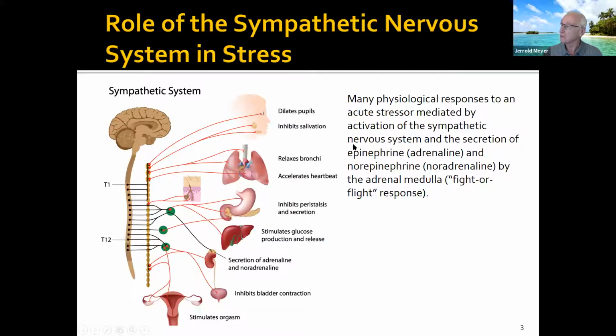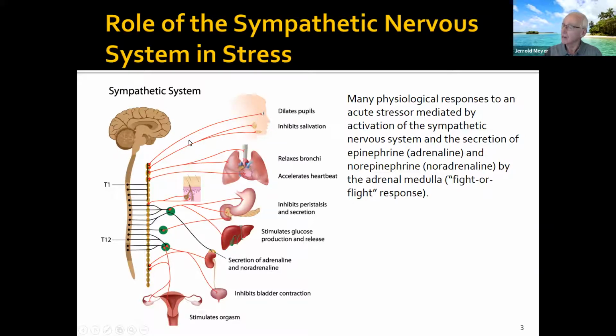So this is a review of the sympathetic nervous system. Here is a chain of ganglia that run near the spinal column, with preganglionic neurons at the thoracic levels, T1 down to T12 and below, innervating these ganglia.